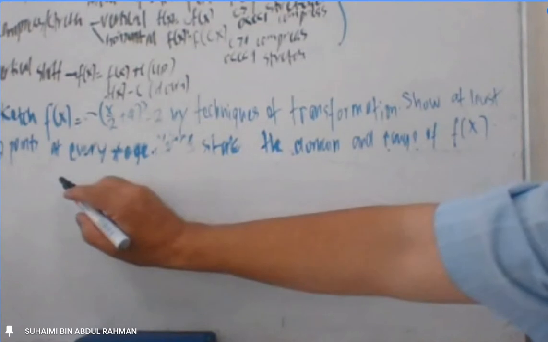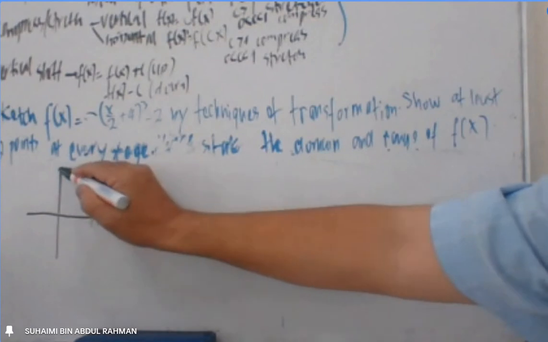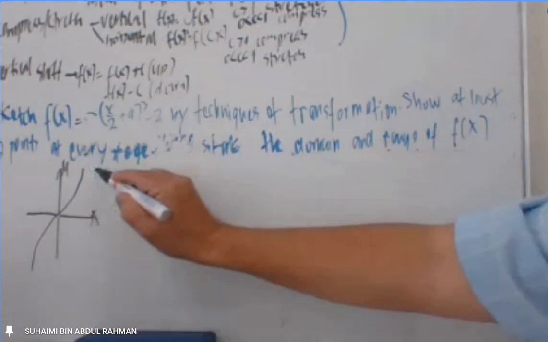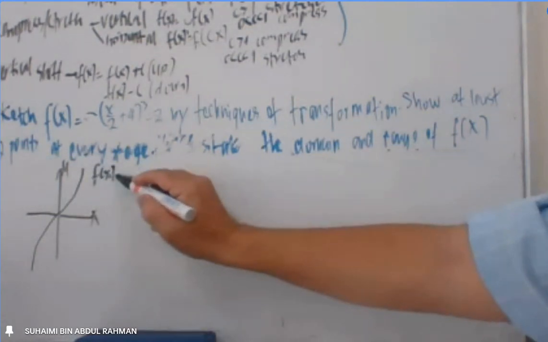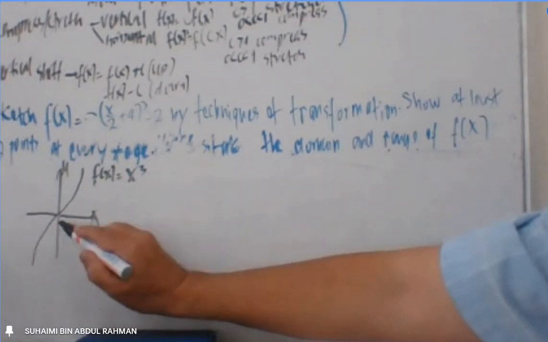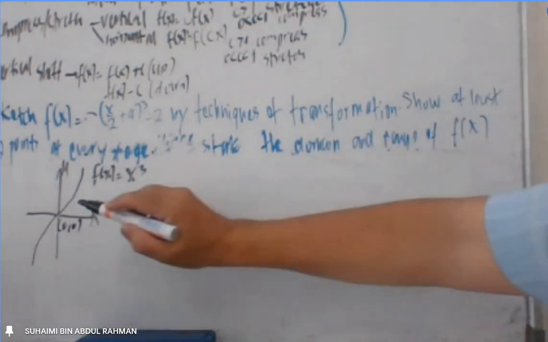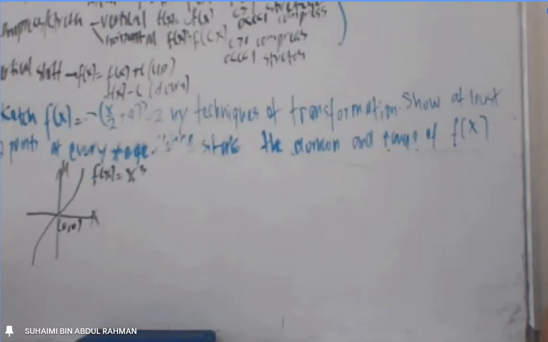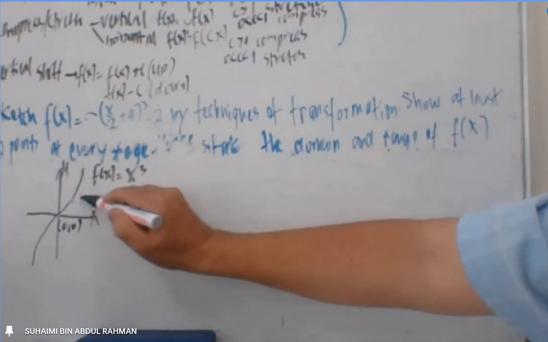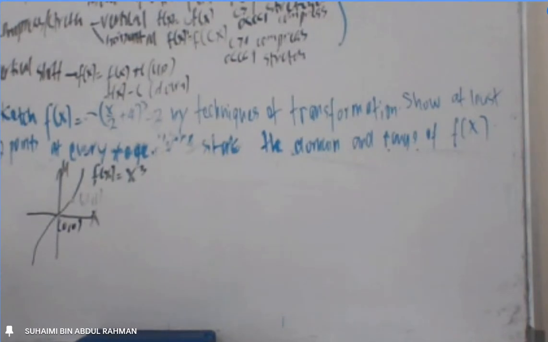This is the cubic function, the shape of the cubic function. And we choose 2 points, let's say point 0, 0 here, and one more point, let's say 1, 1, or we can choose whatever points we want.